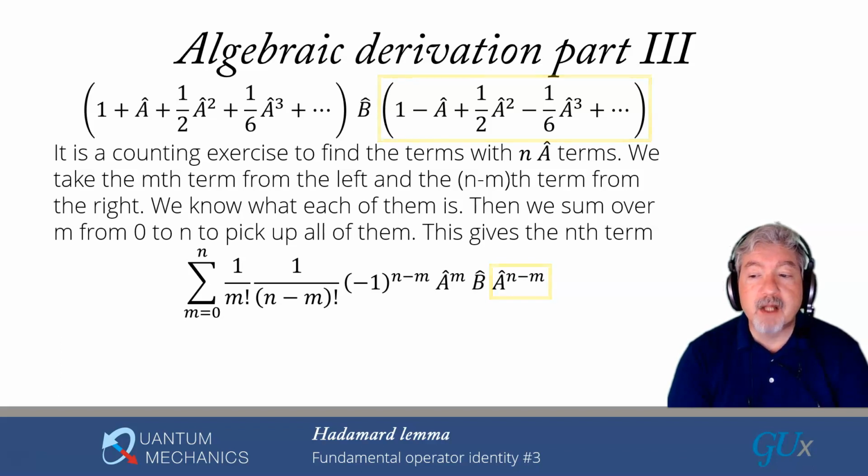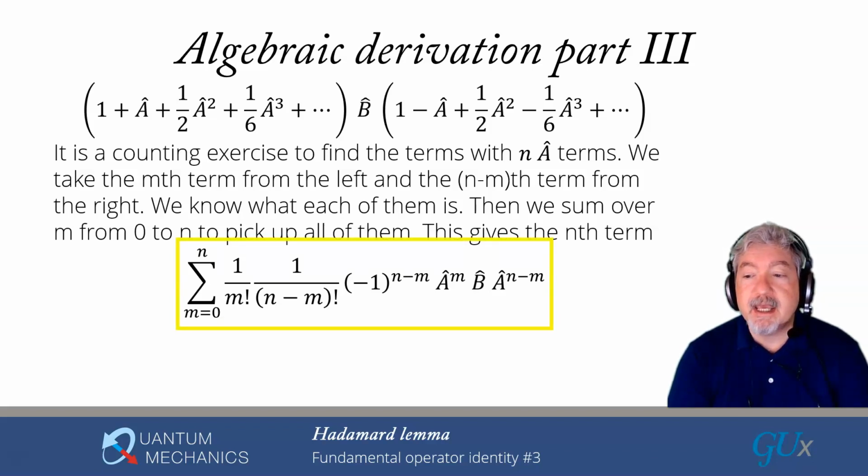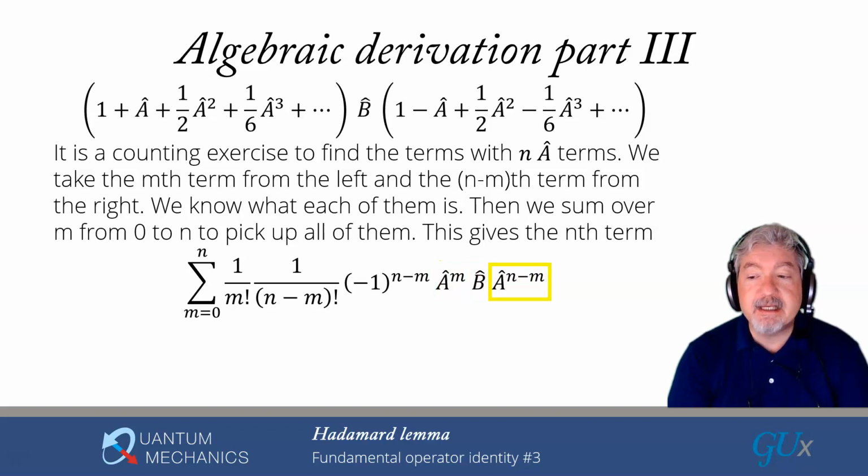And so we just multiply all of those together, and we sum from m equals 0 to n, and that is the term that contains n a hat terms. You can easily see by looking at the powers that the total net powers of a hat are n in number for each term in the summation.